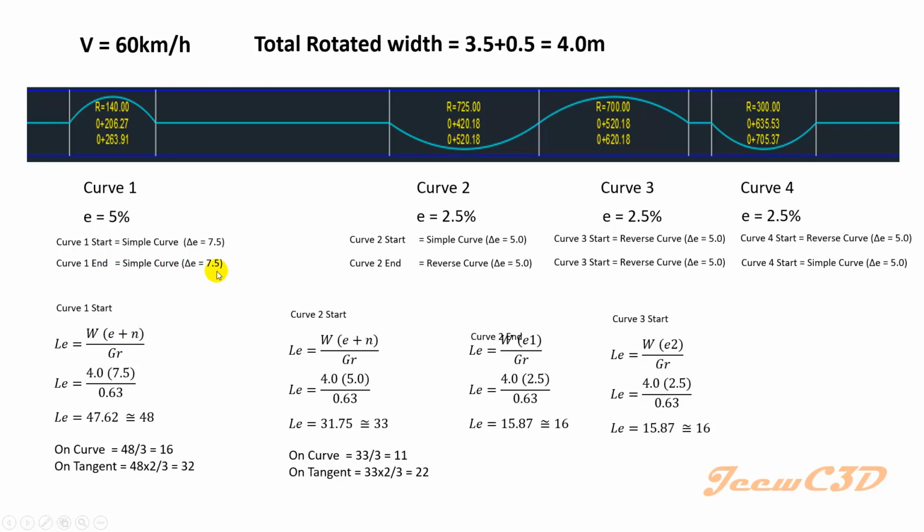So we put in the relative gradient method equation: LV equals W into E plus N over GR. Your W is the total rotated width, that is the arch shoulder width plus lane width, 3.5 plus 0.5, that is 4 meters. So this is 4 meters and this change is 7.5, and GR for 60 kilometers per hour is 0.63.